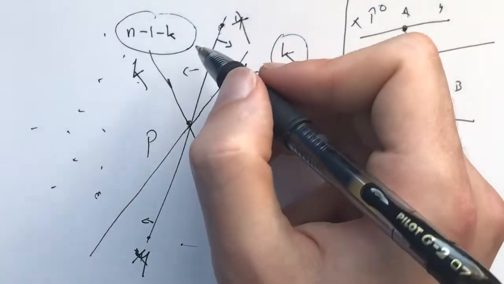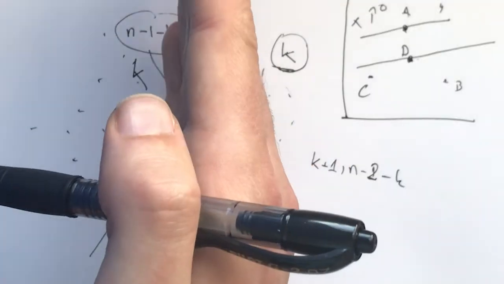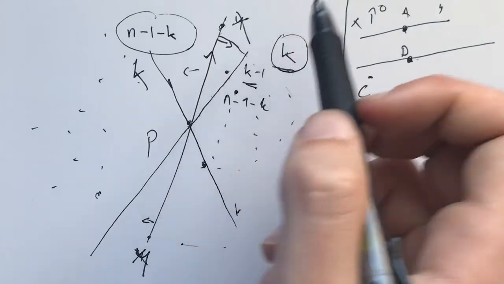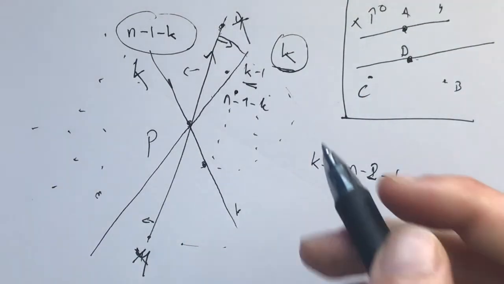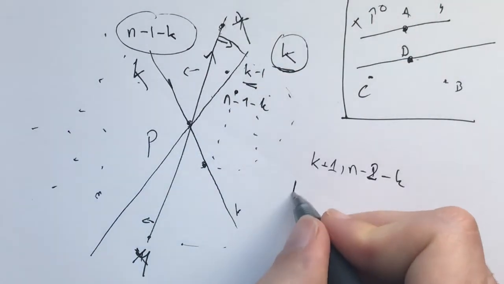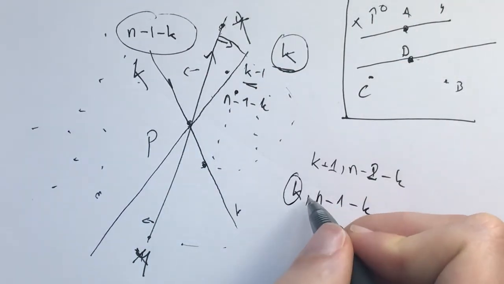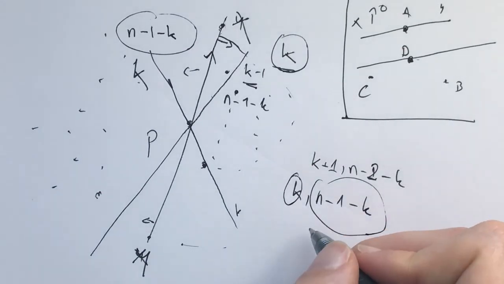Now, what does that mean? Because we have been rotating this line, and every time we rotate and put a point on one side or the other, it increases or decreases the number of points on the right side by 1. So it means we got from k points and n minus 1 minus k points. On the right side, we had k points, and on the left side, we had n minus 1 minus k points.